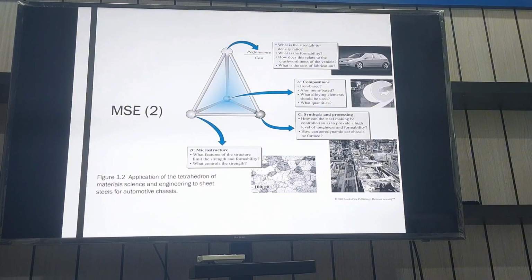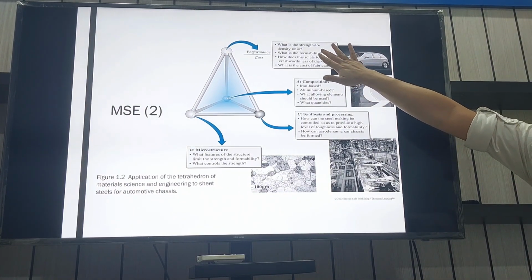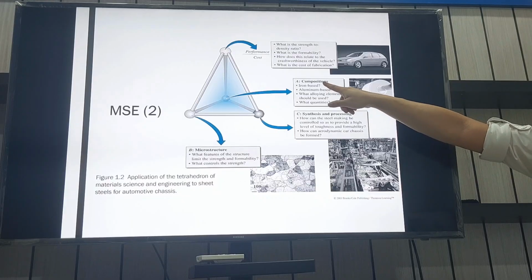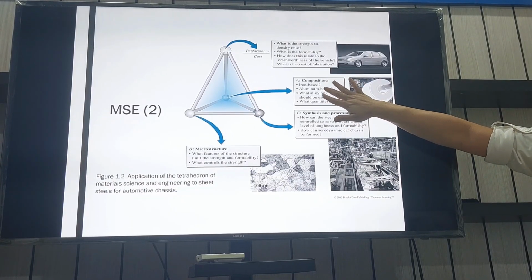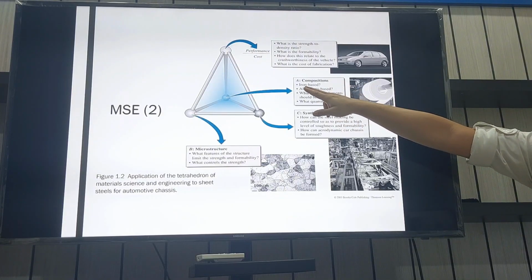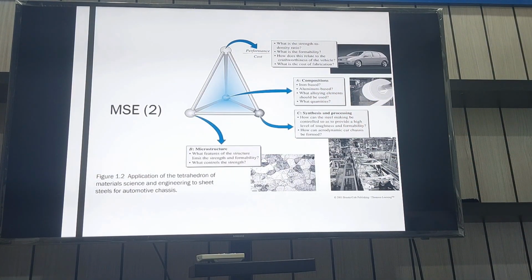So according to these questions about the composition, which type of car do you want to produce? Iron based or aluminum based? Aluminum.